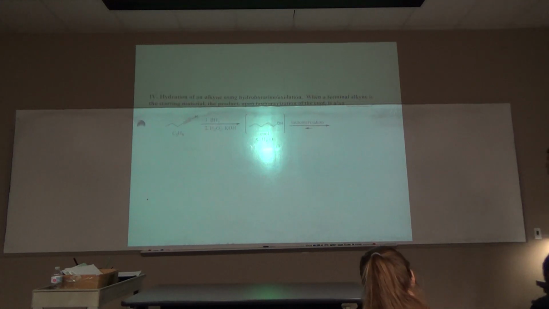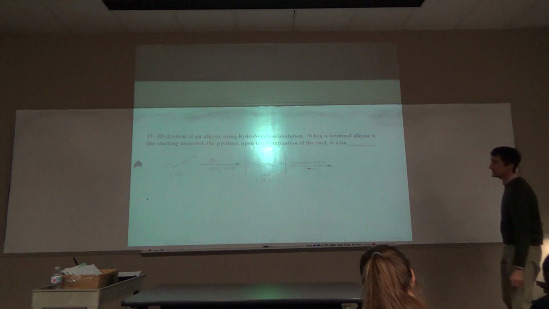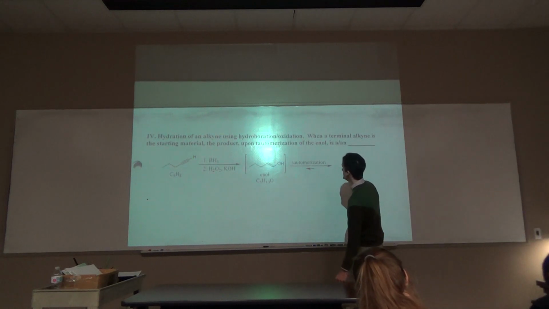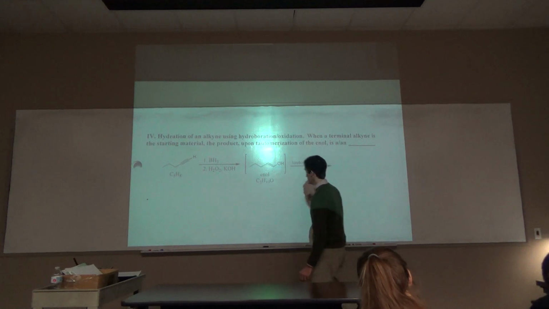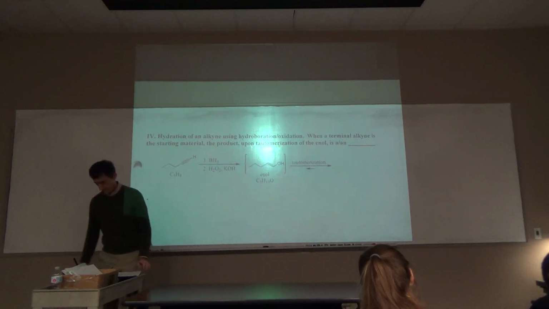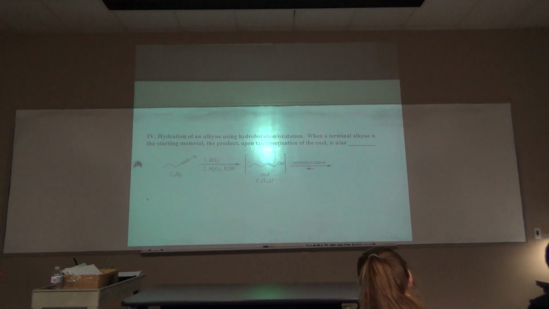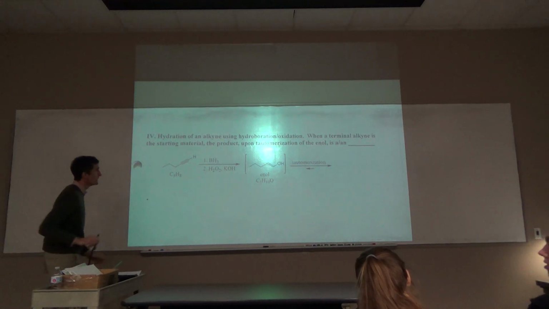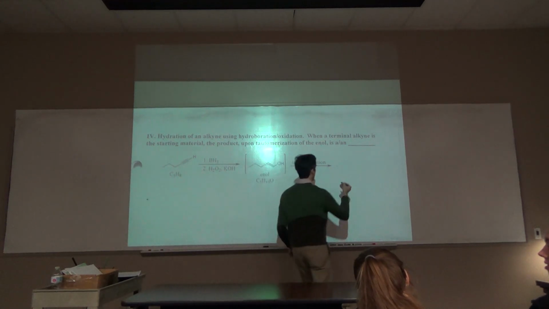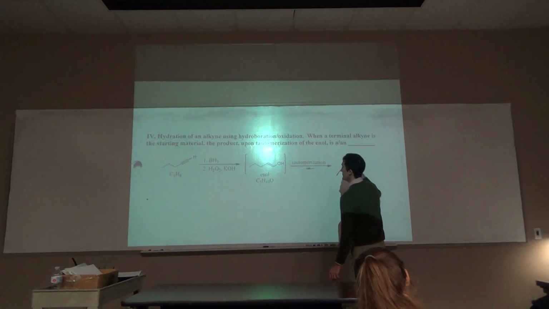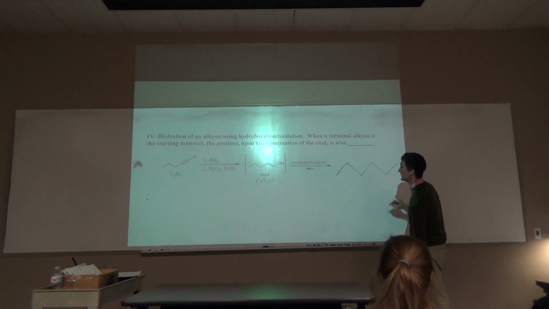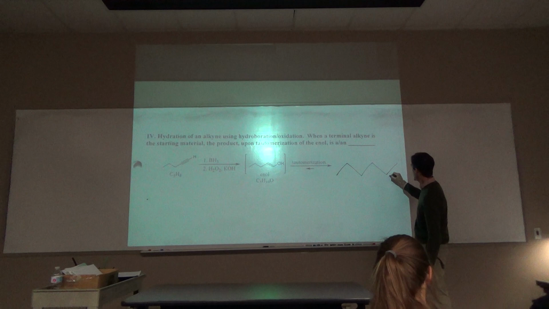At the top here, what type of product did we make? When this thing tautomerized, what was the product? Hold that one. The double bond ends up being between the carbon and the oxygen, right?